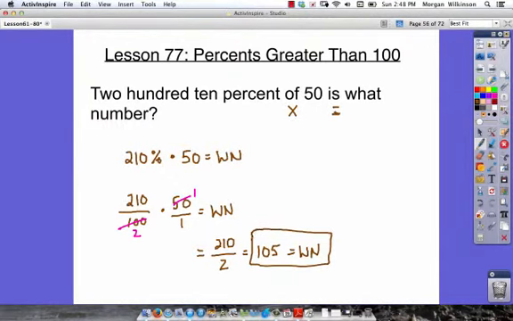Now notice, when we simplified before we multiplied, we could have gone further. We could have said, if we take half of 210, that's 105, over 1, and we would have gone straight to our answer. If you didn't catch that, that's fine, because you could always cut 210 in half to get your answer of 105.